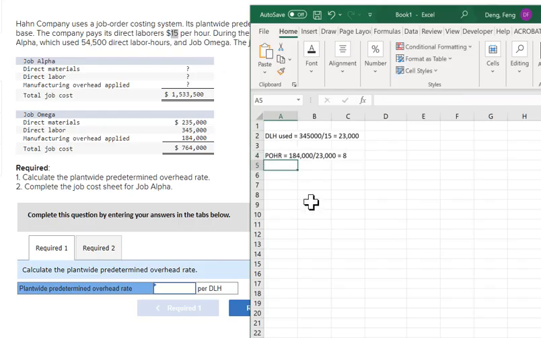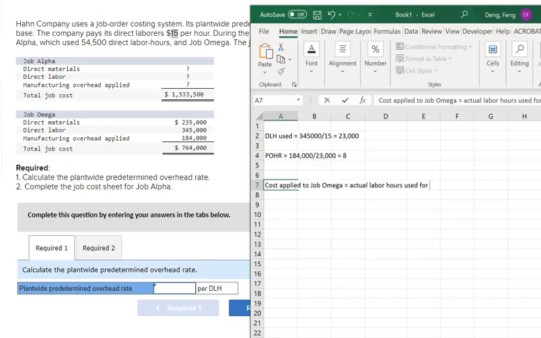Well, how do we say that? Because we know the cost applied to job Omega equals actual labor hours used for job Omega multiplied by the predetermined overhead rate, right?